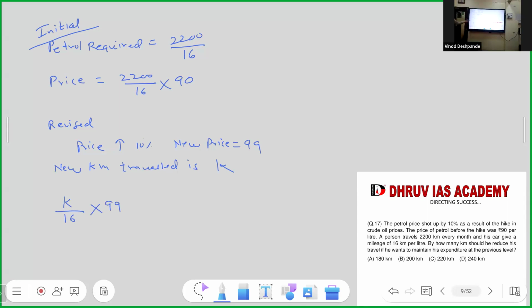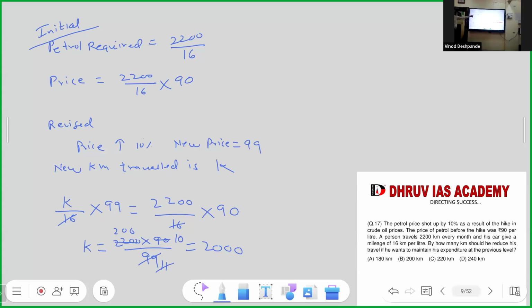Now to keep the expenditure same, this should equate with 2200 upon 16 into 90. So you have to find out K. K will be 2200 into 90 upon 99. Here 9 into 11, this is 11 twos are 200 into 10. So K is 2000 kilometers.